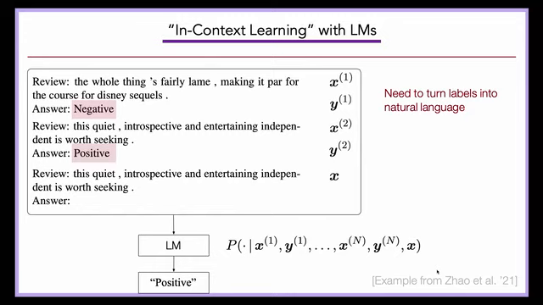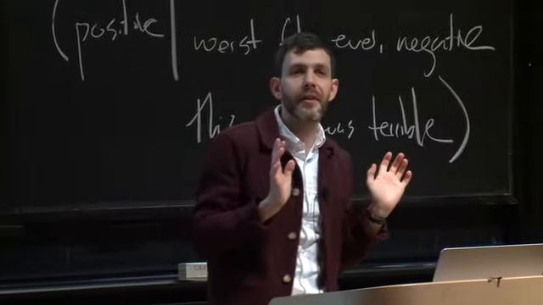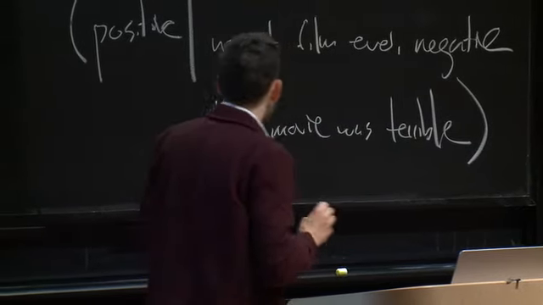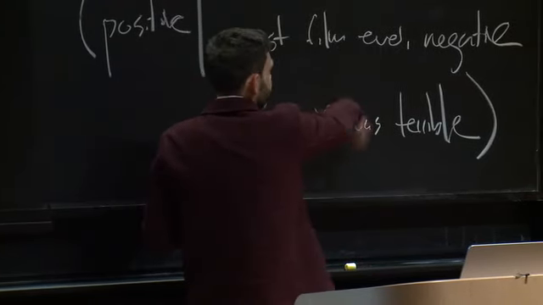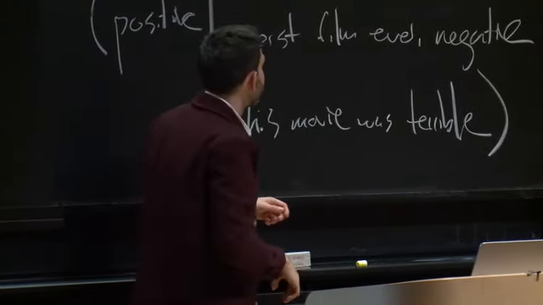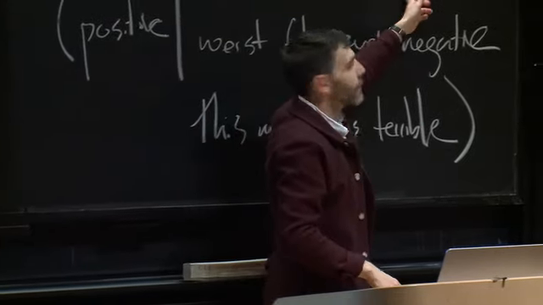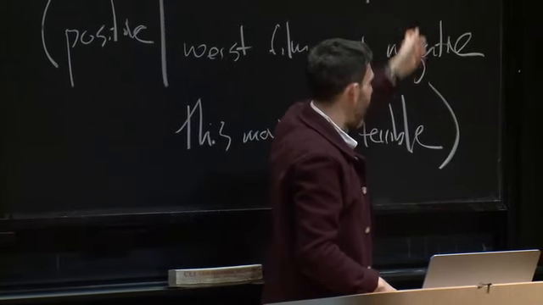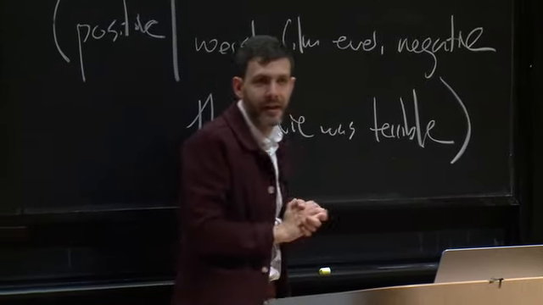To piece this apart, there are a bunch of different things that you can imagine a model learning from an input that's being presented like this. One thing that you can imagine it inferring from this input is just the format of the task that it's supposed to be performing. I know from giving you this information that we're supposed to output labels that are either the word positive or negative, and we haven't seen any other labels.